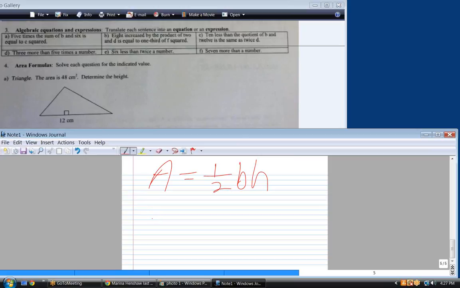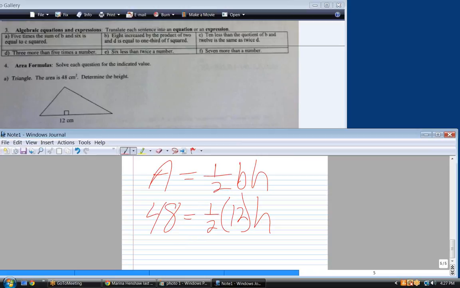What's the next line? 48 equals 1/2 times 12 times h. Okay. So now reduce on the right side. Before we go solving this, let's apply the same methods.